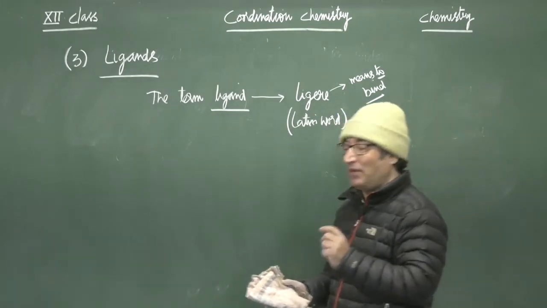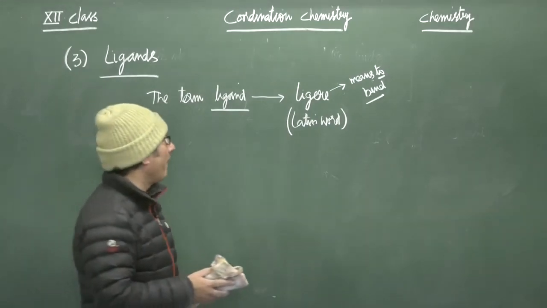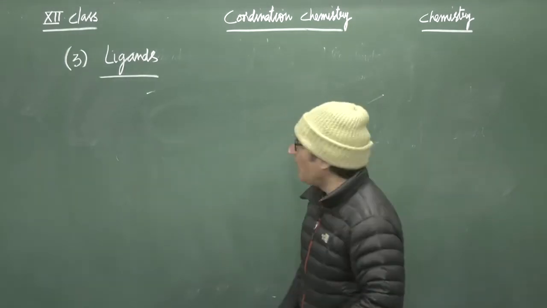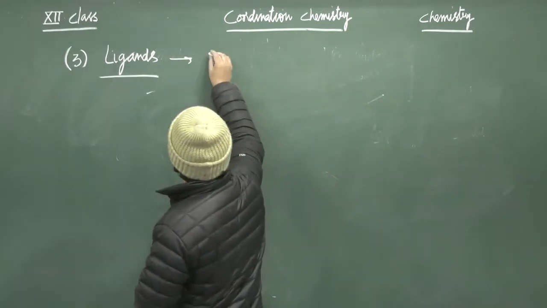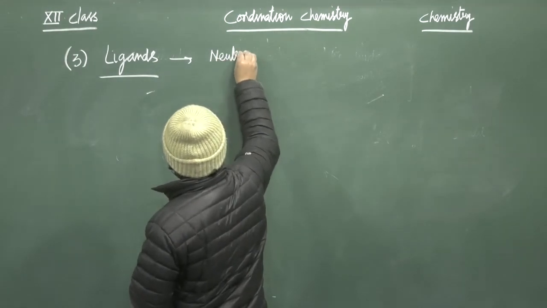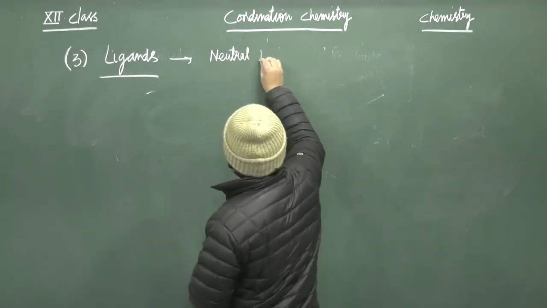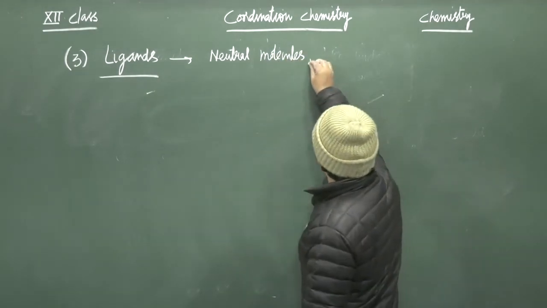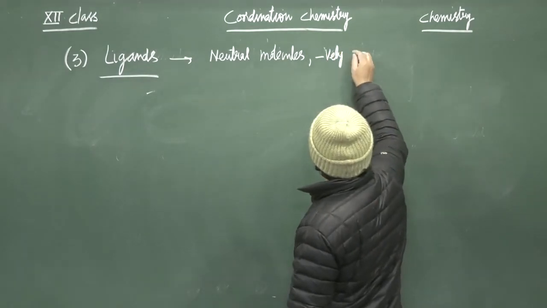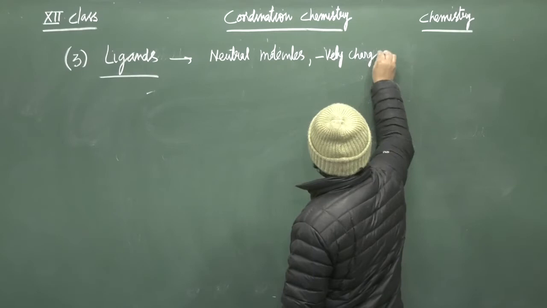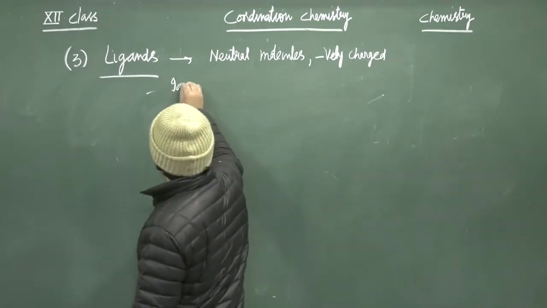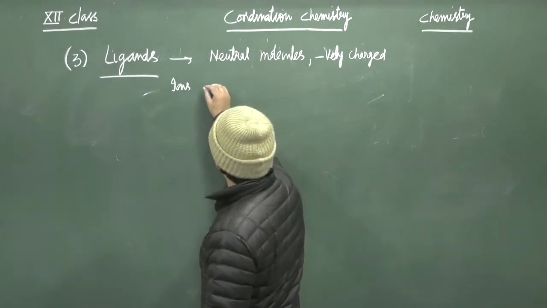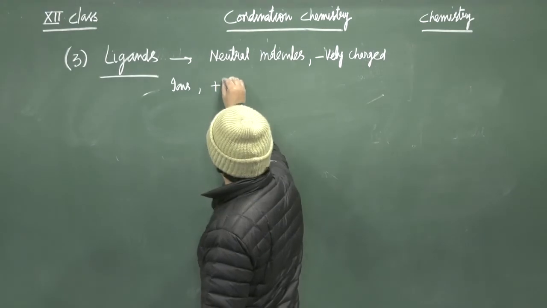But that is just the literal meaning of the term ligand, the binding ability. How do you define this ligand? Ligands can be neutral molecules, they can be negatively charged ions, or very rarely they can be positively charged ions.